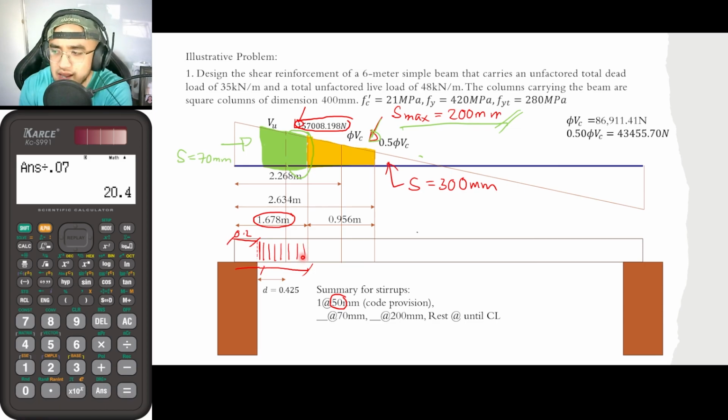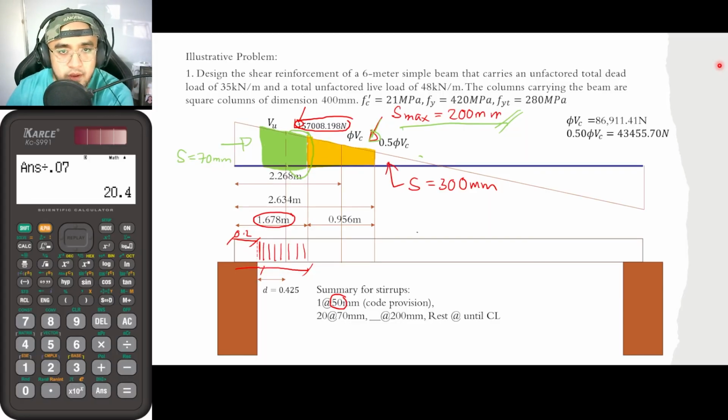So, sir, isn't that unsafe? Actually, it is safe because at this portion, 70 mm is not really needed. Right? So, again guys, since we have solved for a value of 20.4, I will be rounding that down into 20 mm. So, looking at our summary here, I would be typing 20 mm.